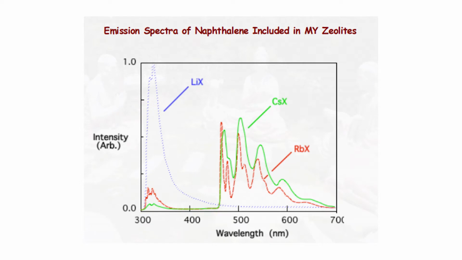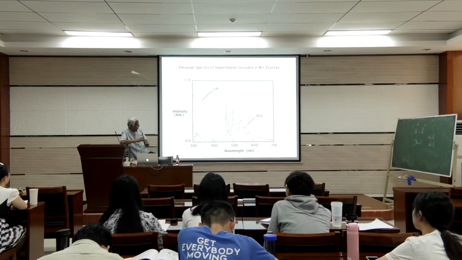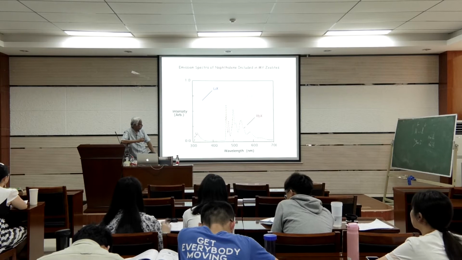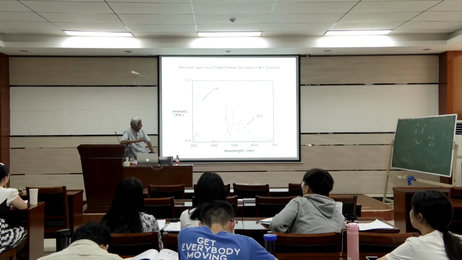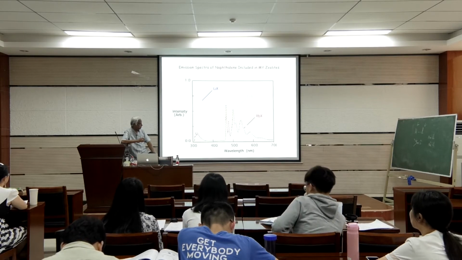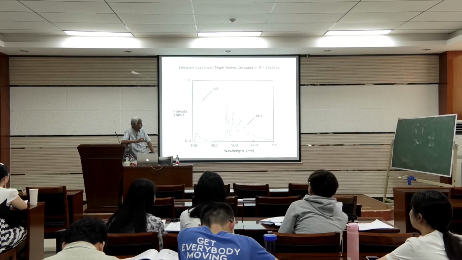Okay. So if you look at the bottom of the axis here, we said always the singlet will be at a higher energy than the triplet. This region is 300 to 450, and this region is 450 to 700. This is a longer wavelength, meaning lesser energy.